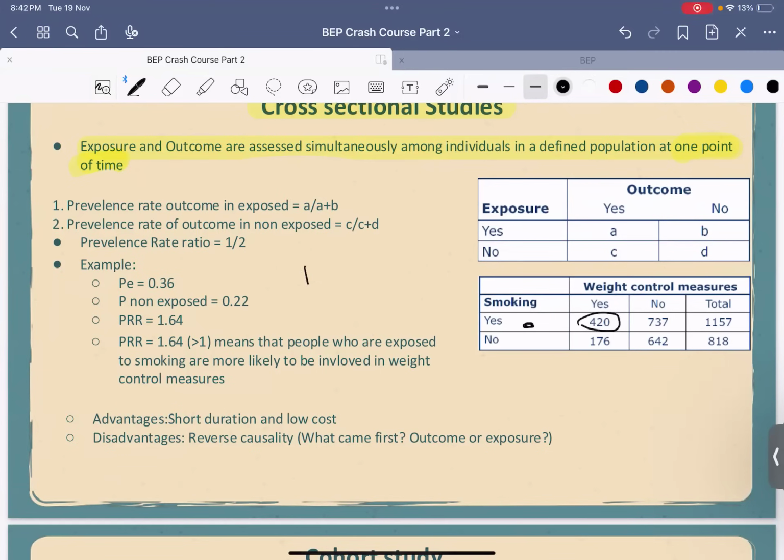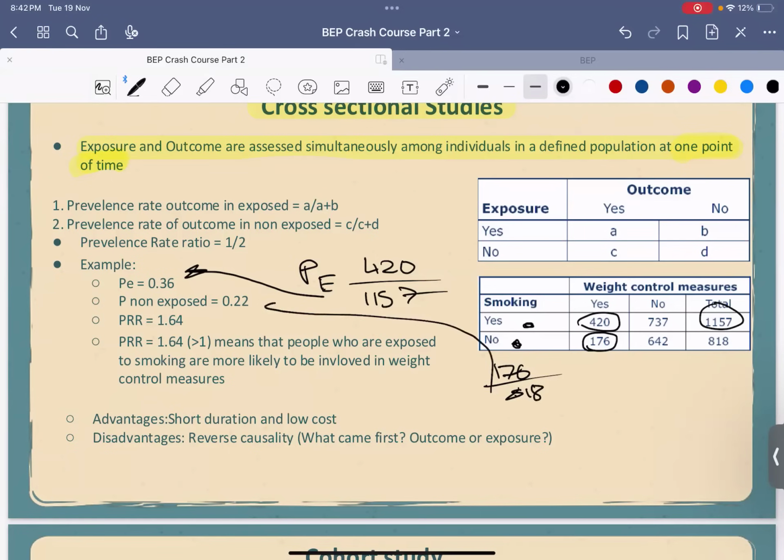So the PE will equal 420 over the total people who smoke, which is 1157. That gives us 0.36. Then we get the P non-exposed, which is 176. They're not exposed, but they did do weight control measures. Their ratio over the total is 176 over 818, which is 0.22.